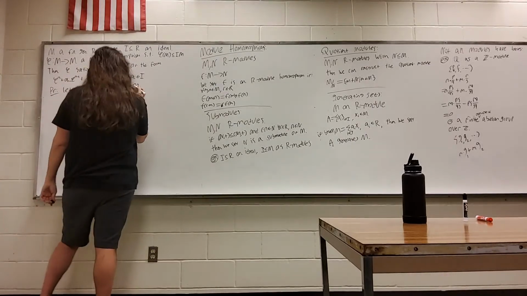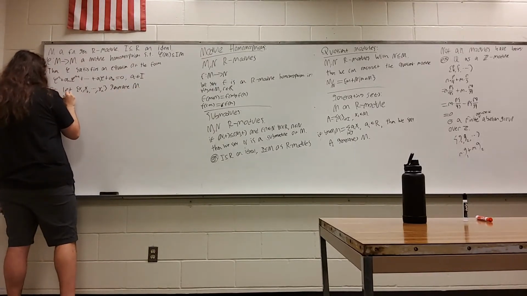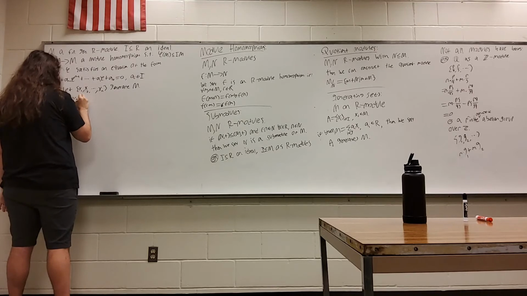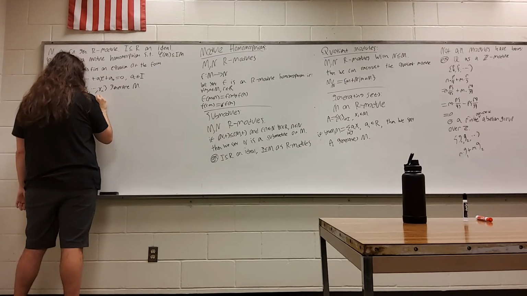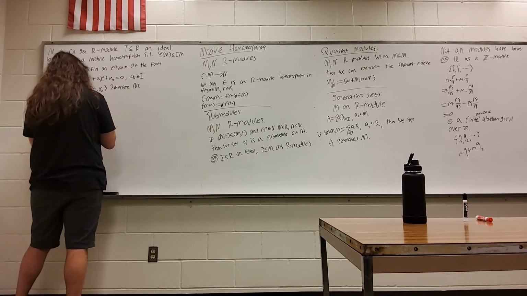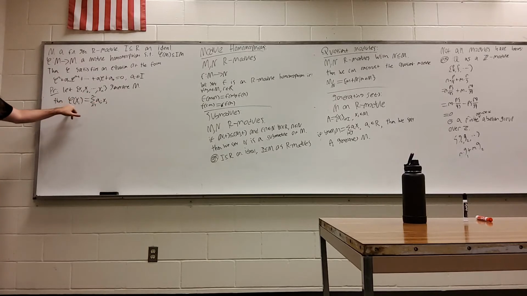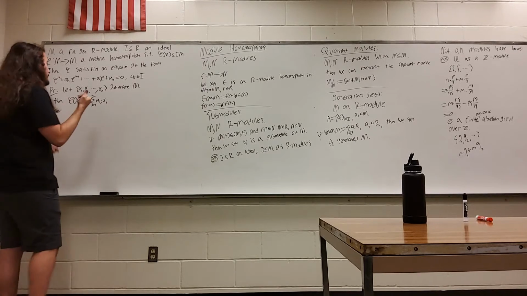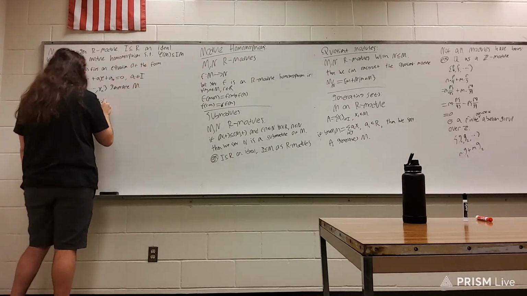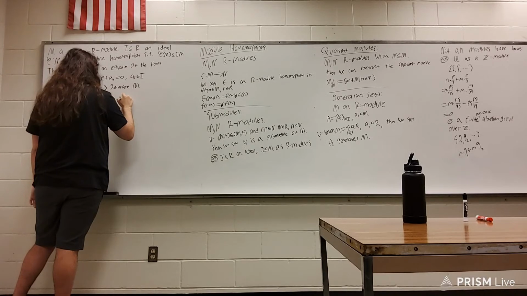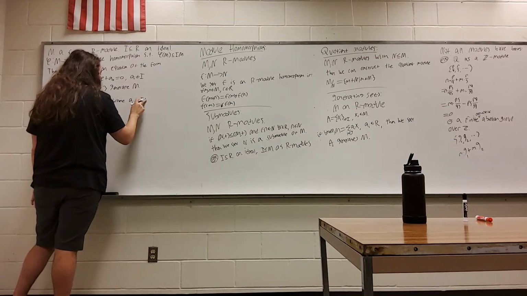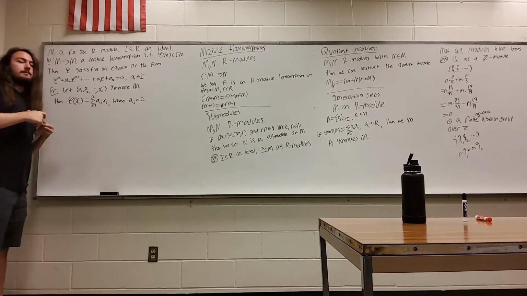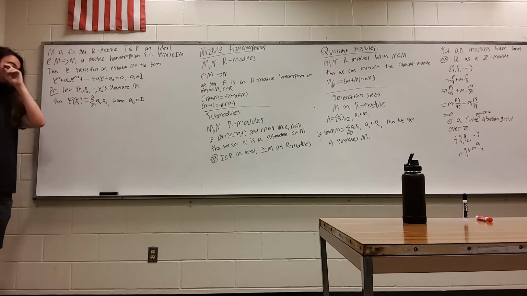Then, since this is a generating set, we can write the image of any of them as a linear combination of the other ones. And specifically, because of this condition right here, we can guarantee that these coefficients are in I. So we can write it as a linear combination with coefficients in I.